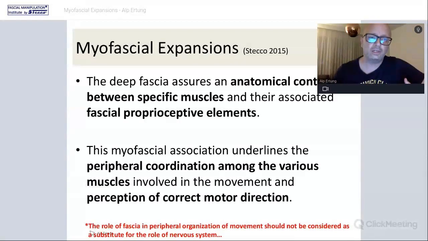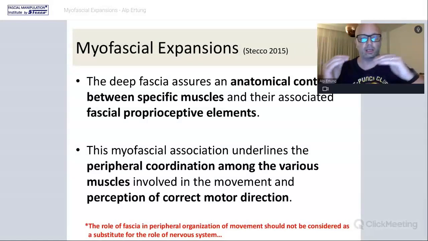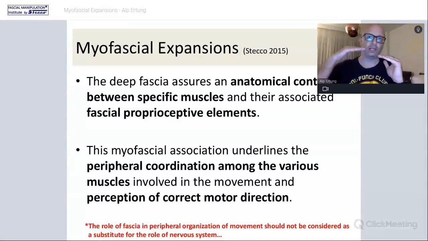So I underline this sentence because sometimes I hear some people putting the fascial system above all systems, but it's not like that. Every system has its own importance.